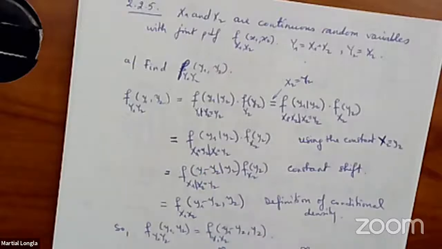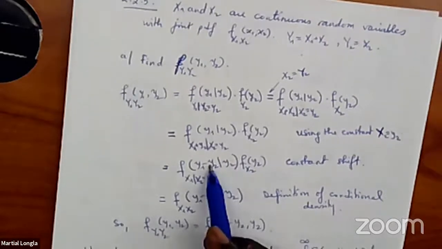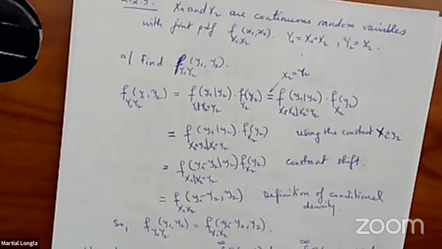So if I want to find the distribution of x plus a, the probability that x plus a is less than t, what is that? Same thing on both sides. It is the same as the probability that x is less than t minus a, right? So that's what I'm doing here by subtracting y2, because that a is what the y2 is.